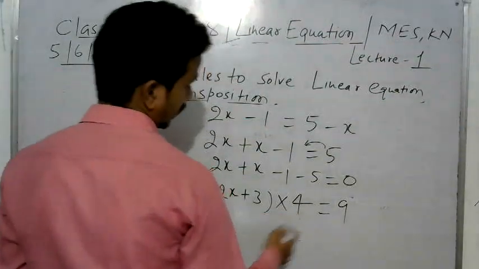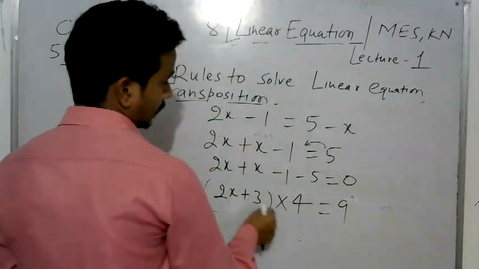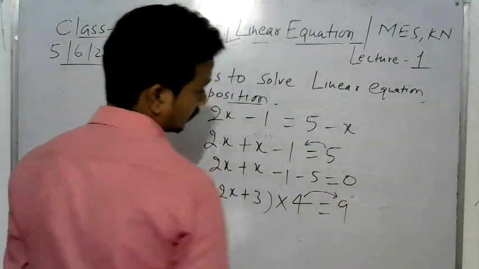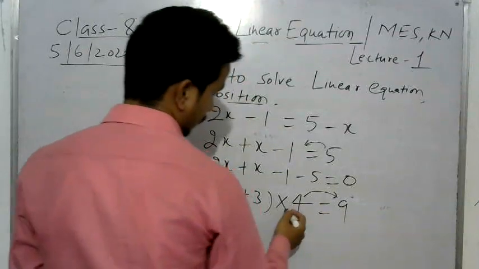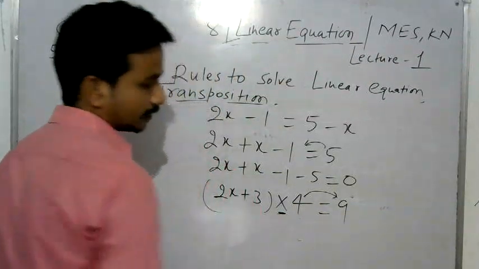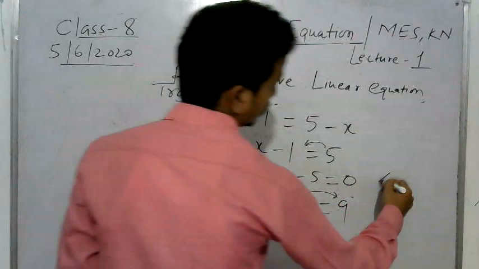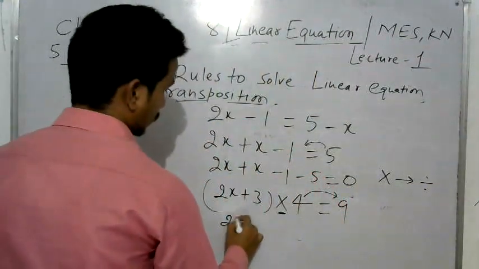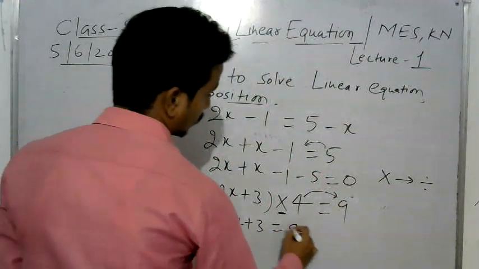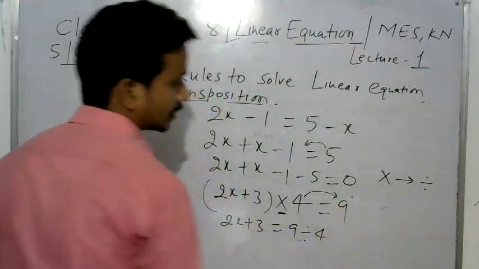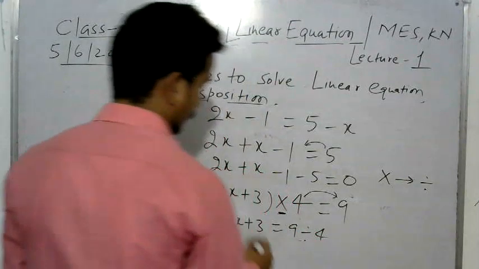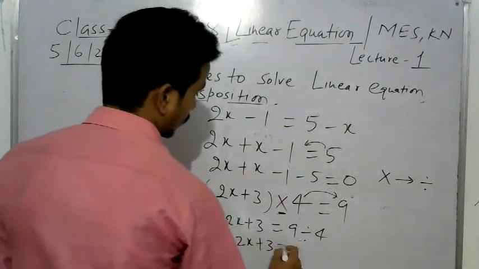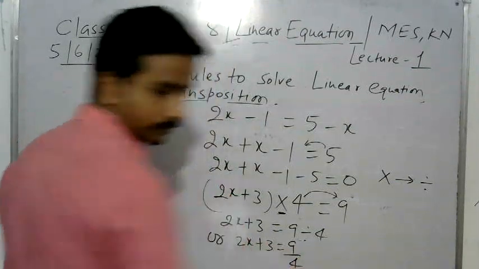When a number is in multiplication and you move 4 from left to right, then this multiplication will change to division. It will become 2x plus 3 equals 9 divided by 4, or you can write 2x plus 3 equals 9 by 4.